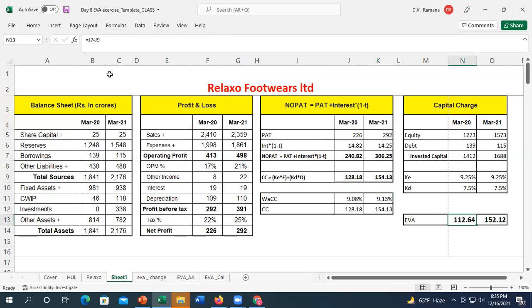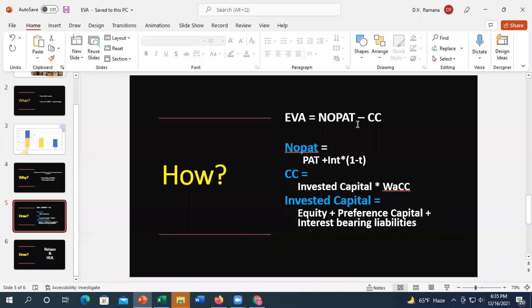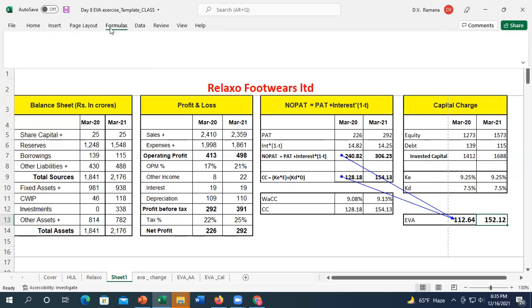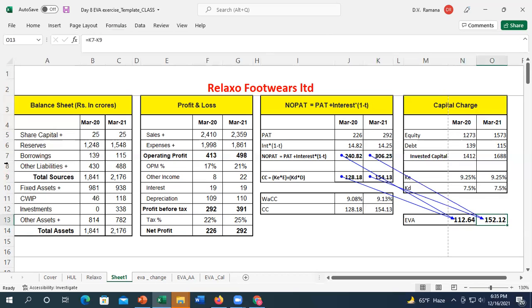So economic value added, as we saw here, is EVA equals NOPAT minus capital charge. So EVA of Relaxo Footwear is 112 crores for the year ending March 20, and has gone up to 152 crores for the year ending 31st March 21.